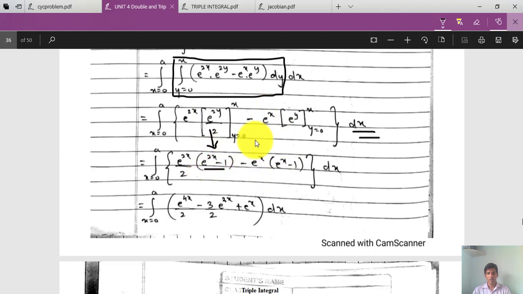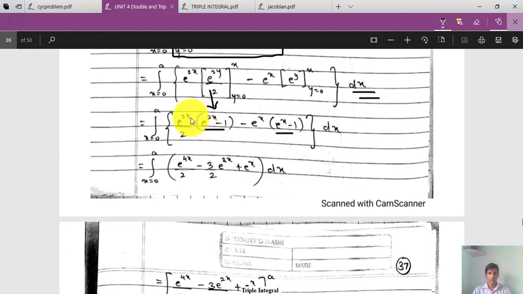Similarly, e raised to x I take outside as a constant, the upper limit gives e raised to x, and substituting 0 gives e raised to x minus 1. Multiplying this out, it becomes e raised to 4x divided by 2 minus e raised to 3x by 2, after evaluation.